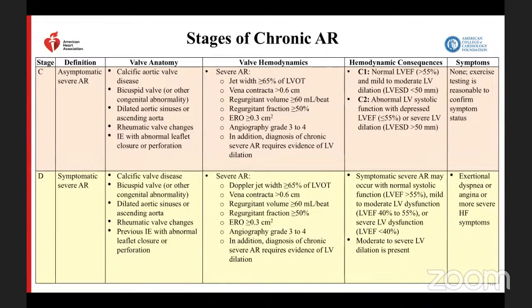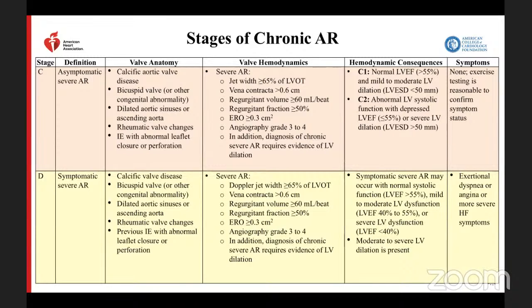In addition, diagnosis of chronic severe AR requires evidence of whether there is LV dilatation or not. For C1, the patient will have normal left ventricular ejection fraction, more than 50%, and mild to moderate LV dilatation, with end systolic diameter less than 50.